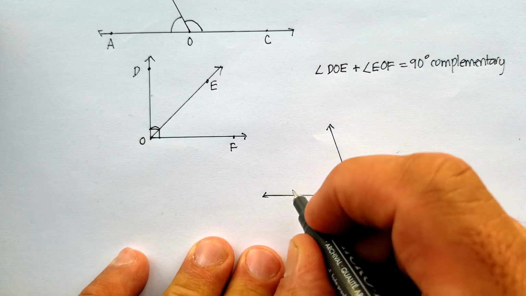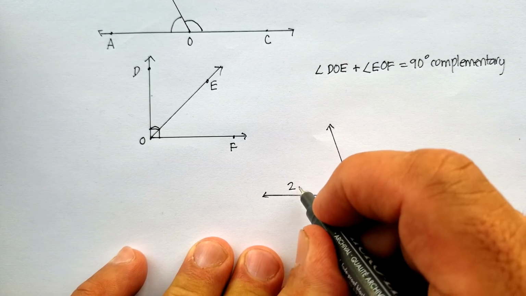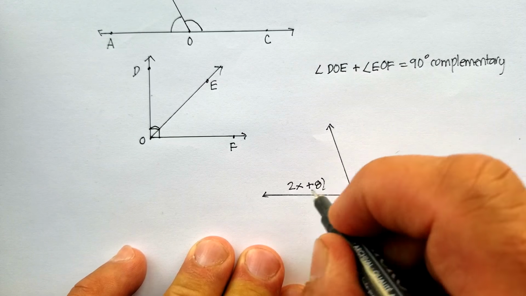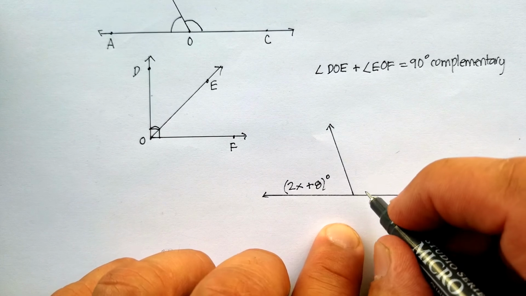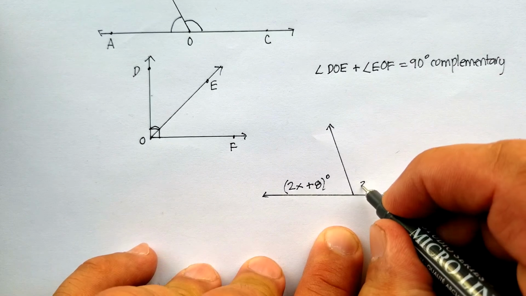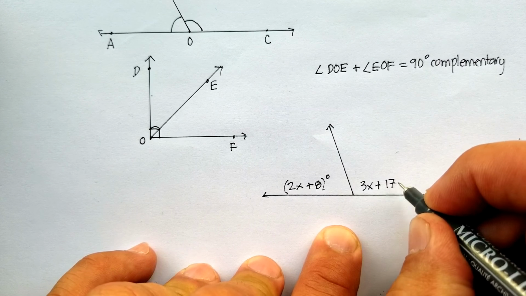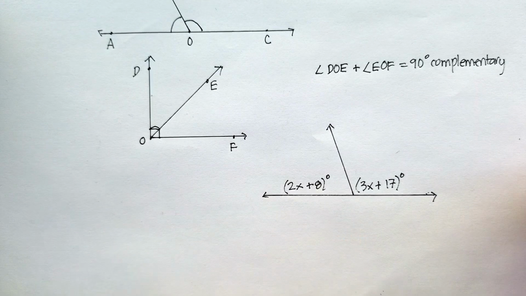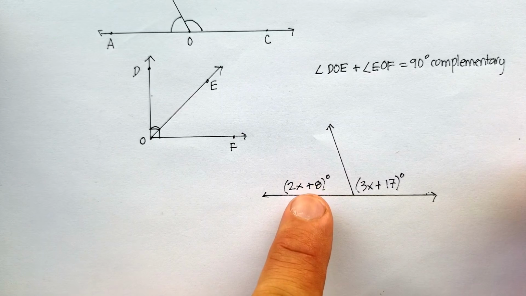I know, for example, that this particular angle here is 2x plus 8 degrees, okay? And I know that this particular angle is 3x plus 17 degrees. Can you find the measure of each angle?